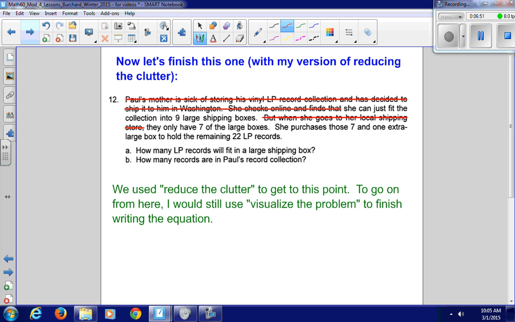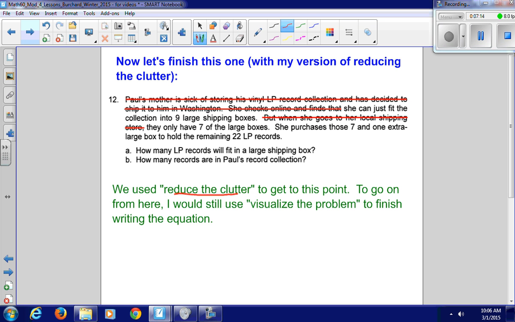So this process doesn't get us to an equation. It gets us to the point where we can use some of the other techniques to get an equation. So I want to be clear about that one. This one does not get you an equation. But on this one, we used reduce the clutter already. So we're ready to try to get the equation.